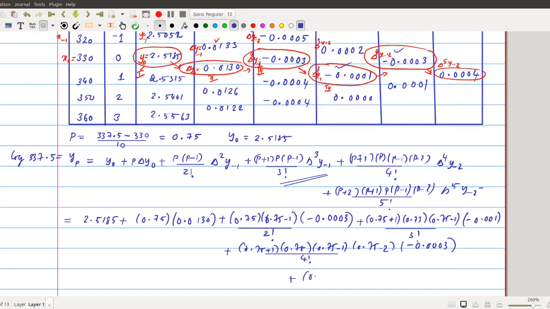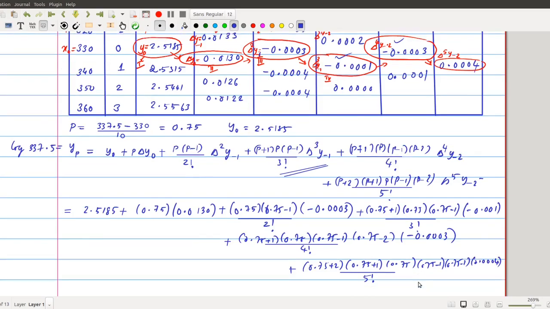Finally we have the sixth term, that starts from p plus 2. What is p? 0.75 plus 2, 0.75 plus 1, then 0.75, then 0.75 minus 1, 0.75 minus 2 divided by 5 factorial into delta raised to 5 y minus 2, and delta raised to 5 y minus 2 is 0.0004.